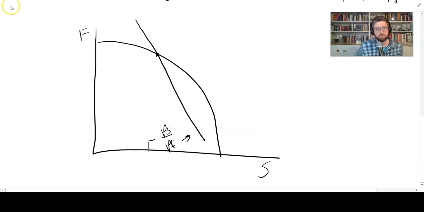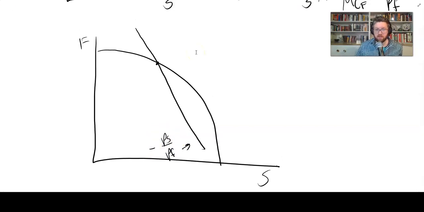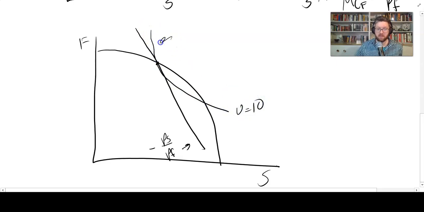Okay? So you can see basically now the PPF and the slope of the prices are no longer tangent to each other. But consumers still take these prices as given, and so the slope of their indifference curve looks something like this. Okay, so this is utility equals 10. That's an indifference curve.